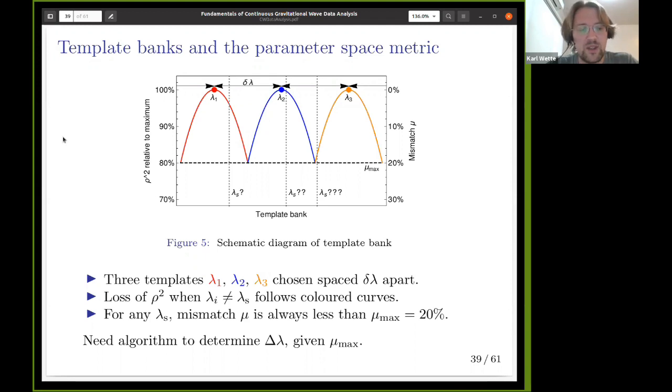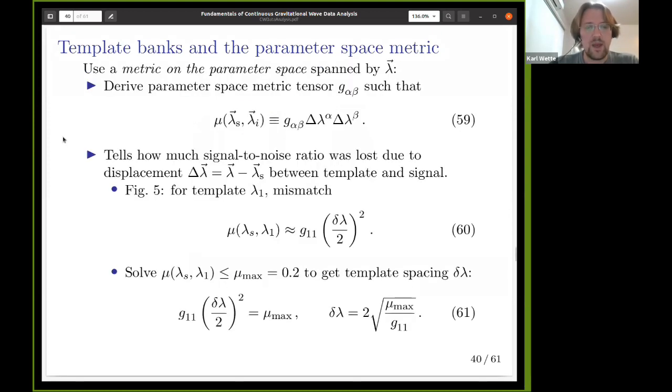That's quite a good way of doing things. The one thing we need though is some algorithm to determine what that spacing is, given our lambda, given our mu max. And that's where this concept of a parameter space metric comes in. We basically use the metric as a distance measure, which exactly gives us this mismatch.